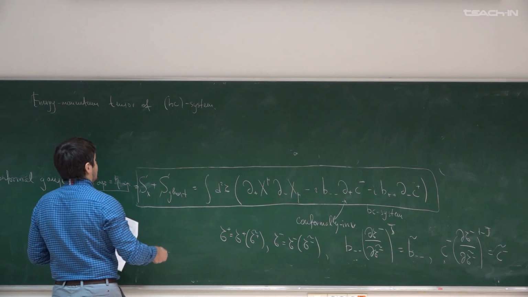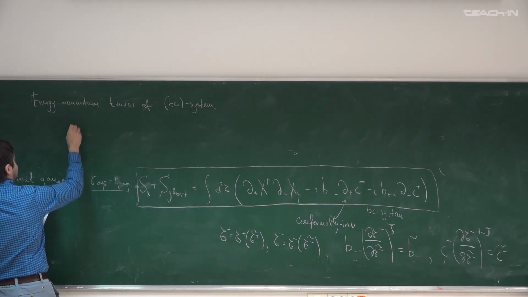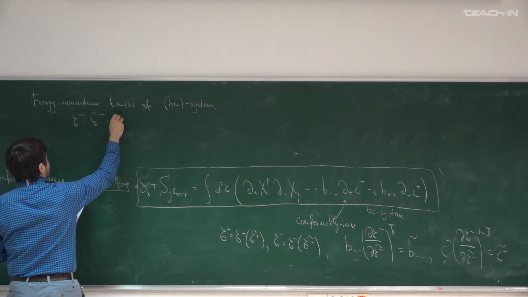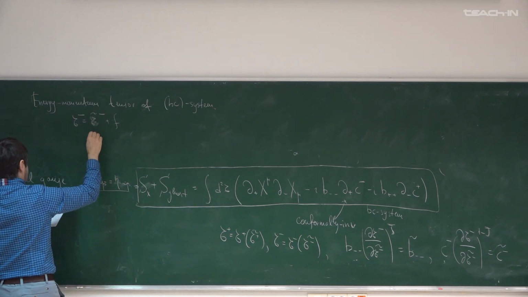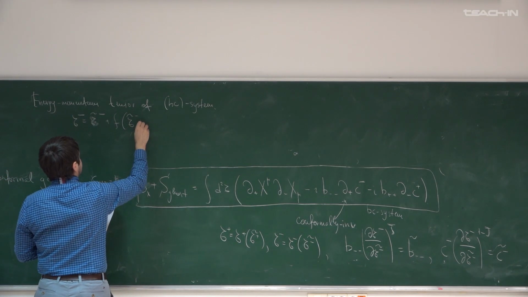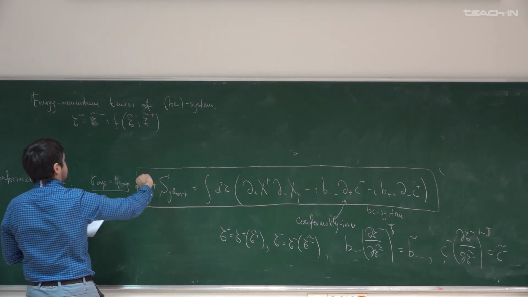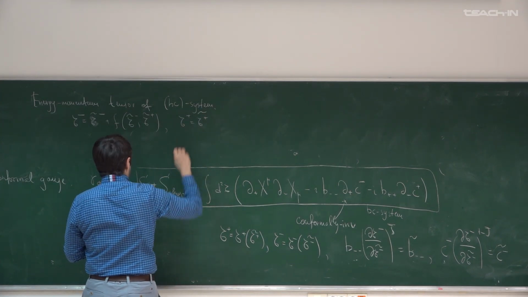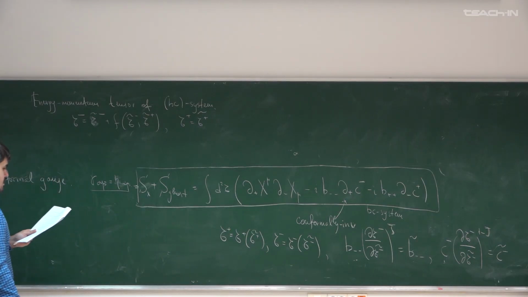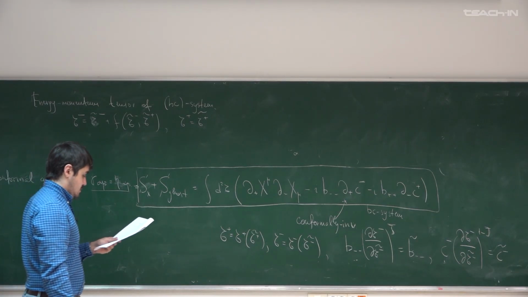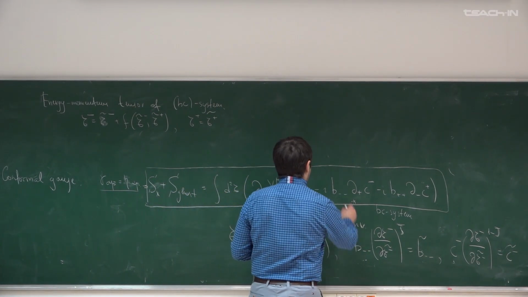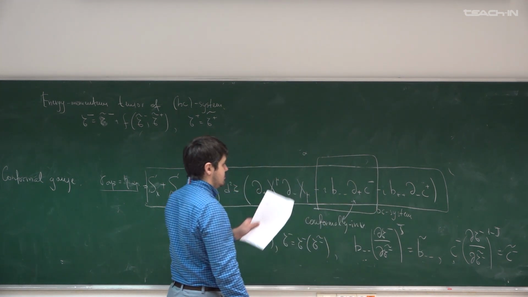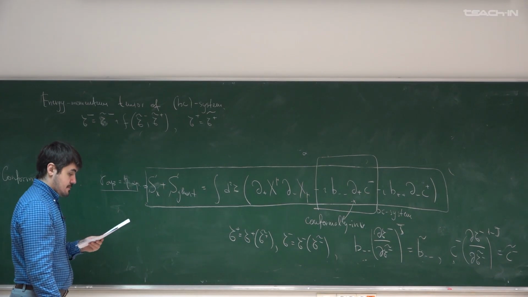So let us say that sigma minus is sigma tilde minus plus f depending on both sigma minus and sigma plus, and sigma plus we don't change. We want to derive the energy momentum tensor of this part of the system. Similarly, you can derive the energy momentum tensor for the second part.